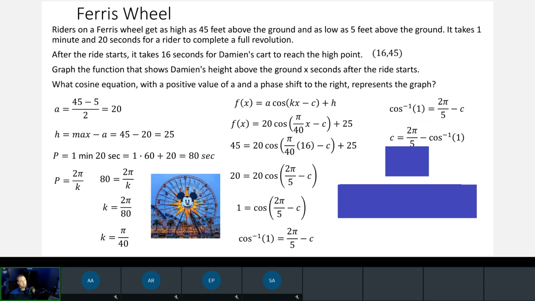And then we type it in. So everyone type it in for me. But remember, I want you to round it because it does say, what does it say?